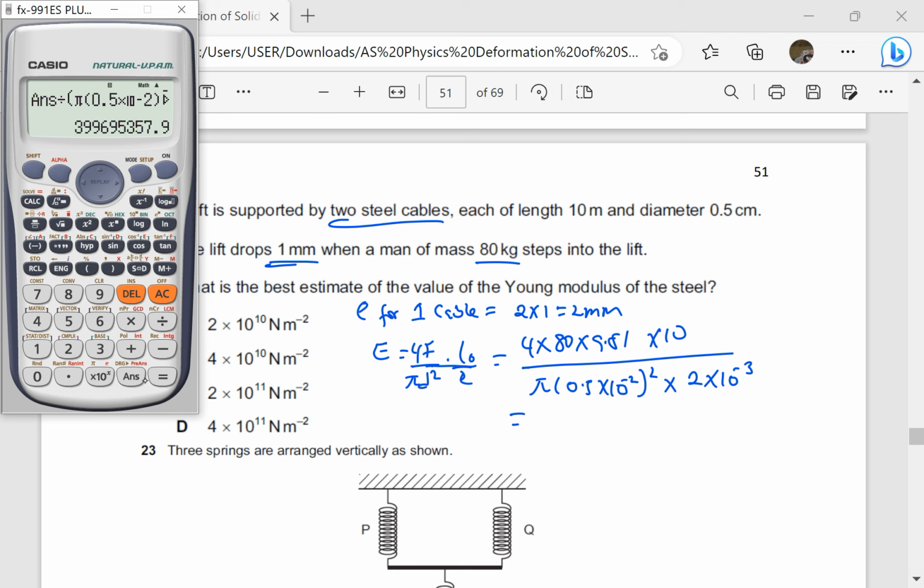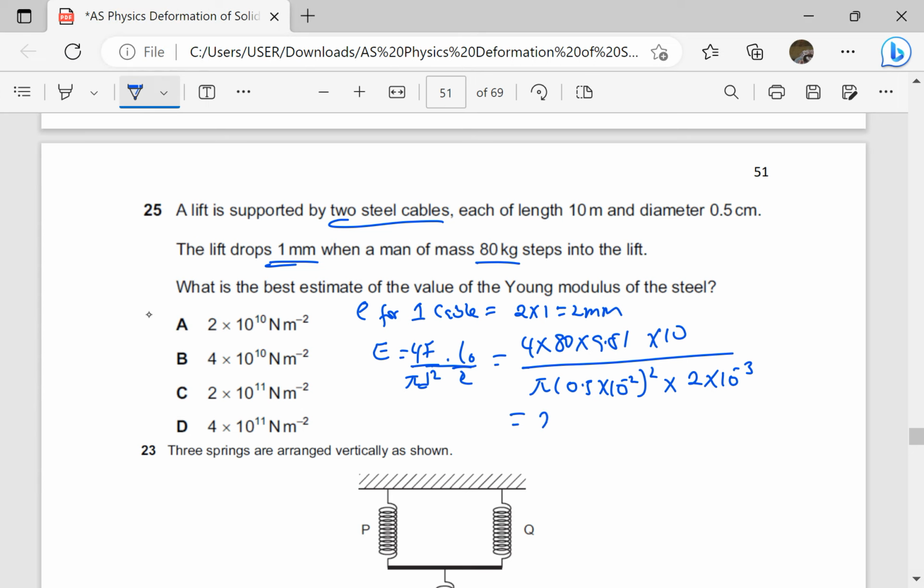Let me first divide by this. Again, divide this by 2 exponent negative 3. So I'm getting 1.998, which is approximately 2.0, or 2.0 times 10 power 11. So the answer is going to be C.